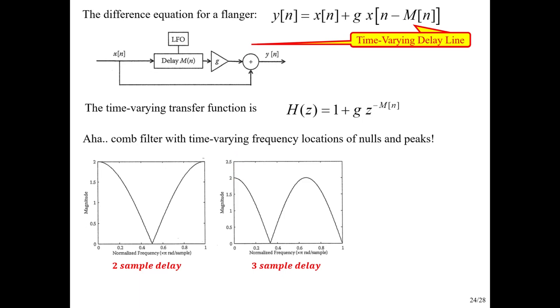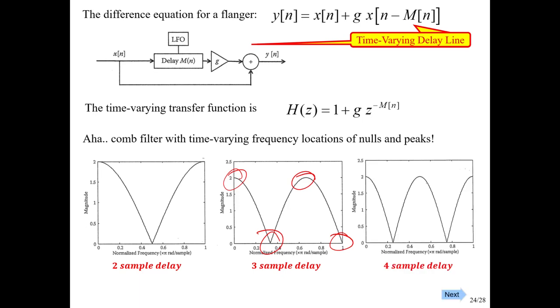So anyway, we now see two destructive interference points, and to constructive, and then 4 samples. So as the delay gets larger, we get closer spacing between these, and we get more and more of these. If we went up to a much larger number of samples, we'd see lots of these nulls and peaks.